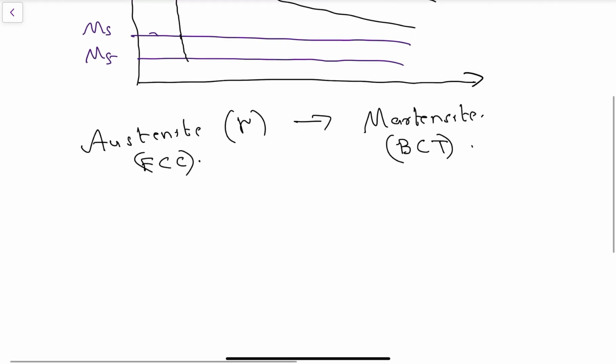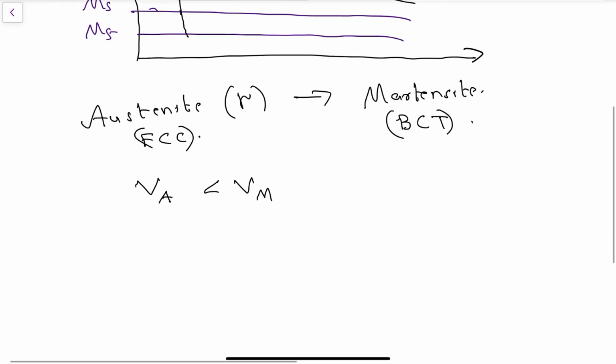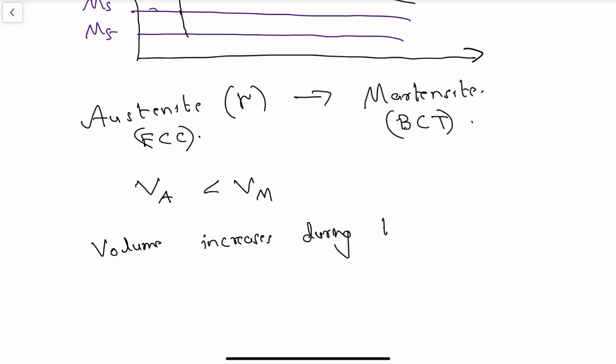So the volume of the martensite is greater than the volume of the austenite. That means volume increases during the transformation.